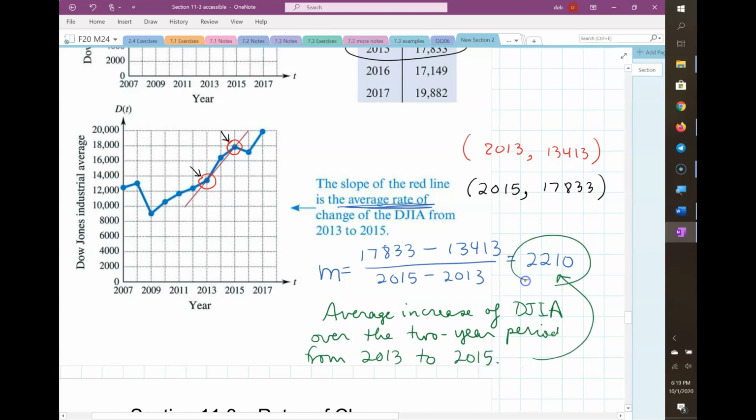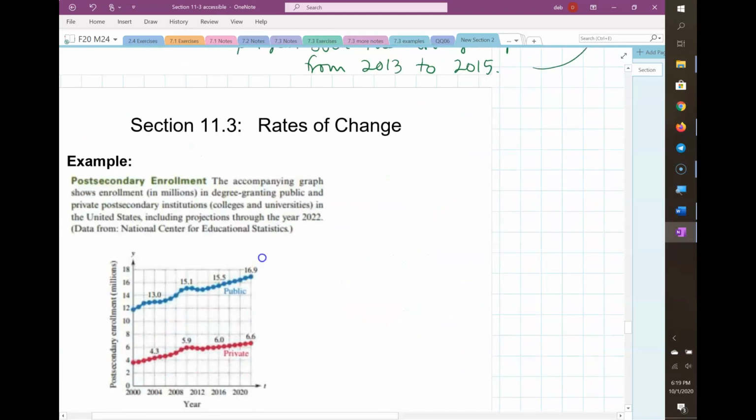So it's the average increase per year. Sorry, I forgot that part. The average increase per year, because we've divided by the number of years. So then it comes out per year.